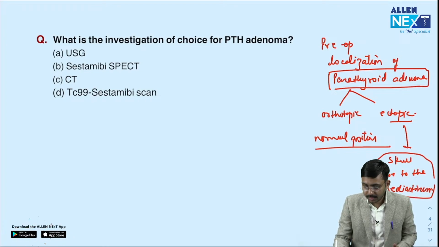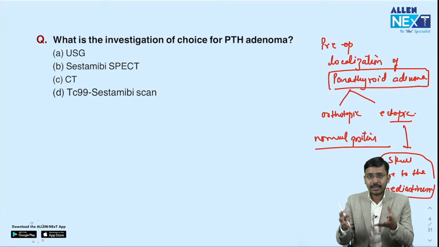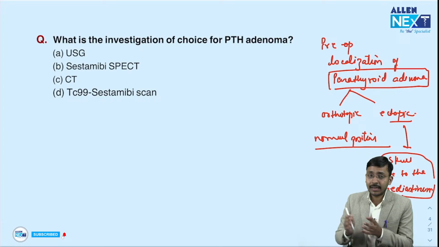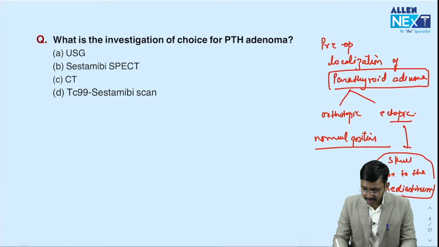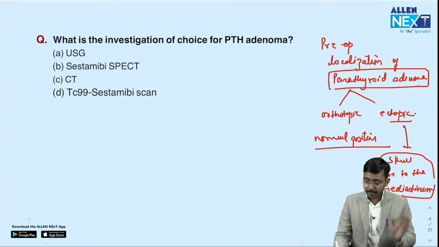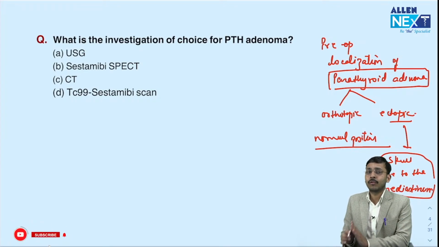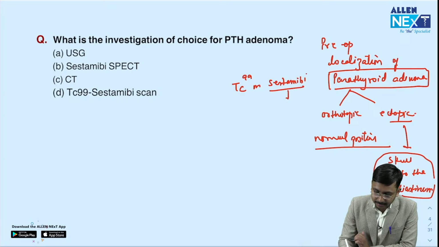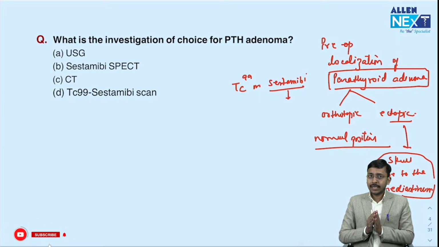If we want to see an ectopic parathyroid adenoma, then we'll have to do a 3D investigation. A 3D investigation will be much better than a 2D investigation. And for parathyroid adenoma, we do technetium 99m sestamibi, because sestamibi is taken up by the parathyroid gland.